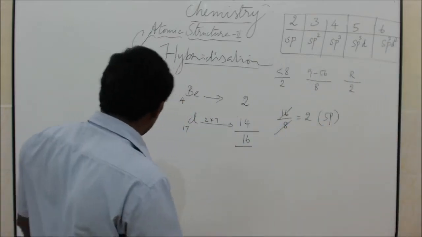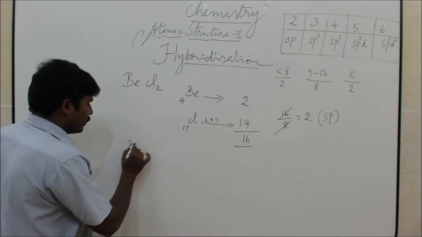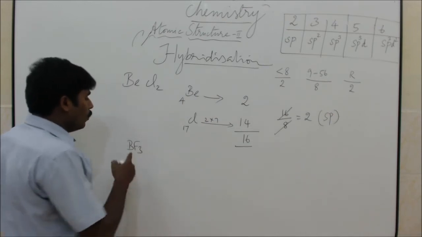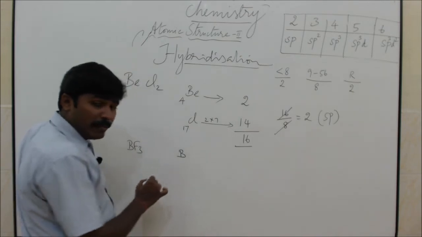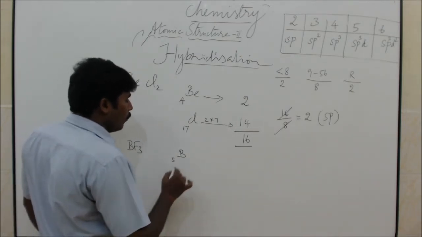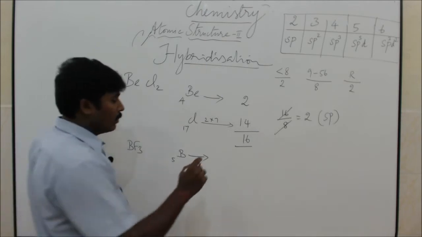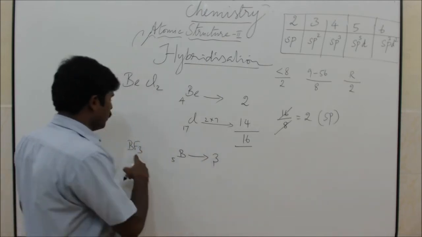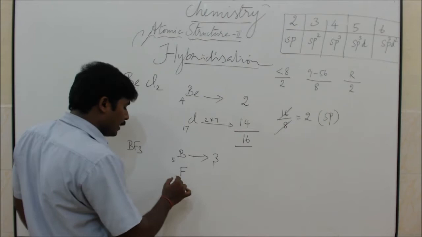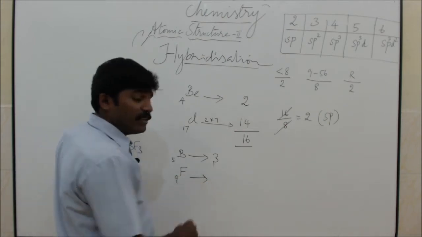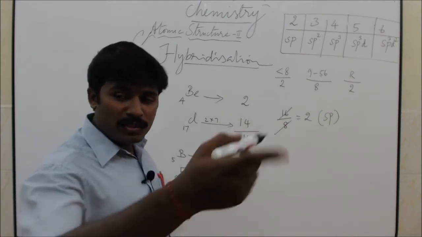Okay, we'll discuss one more example, BF3. Boron has atomic number 5, so the valence electrons are 2, 3. So 3 electrons. For fluorine, the atomic number is 9, so the valence electrons are 2, 7.